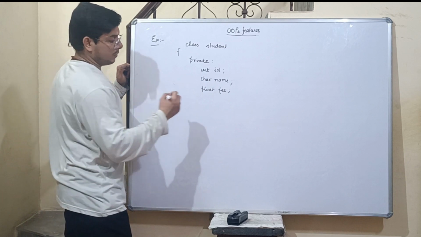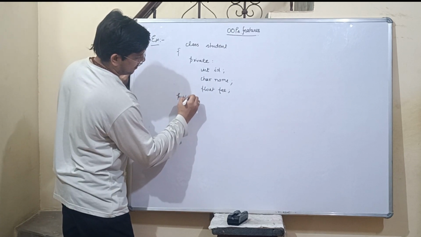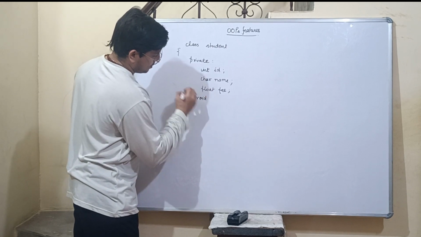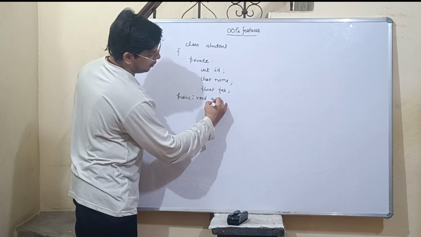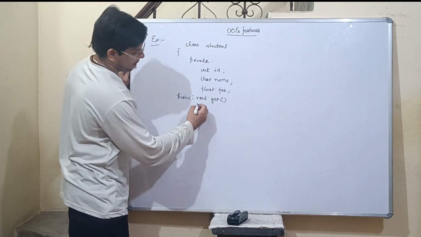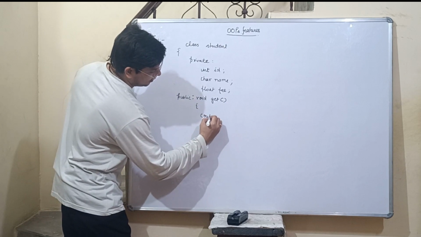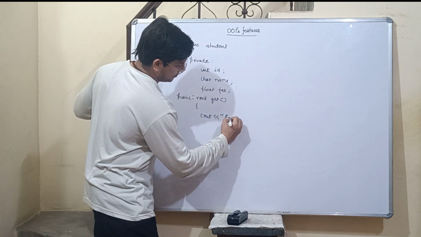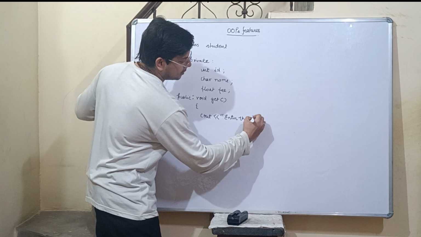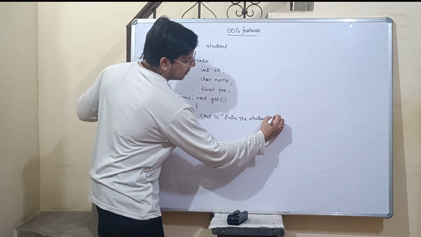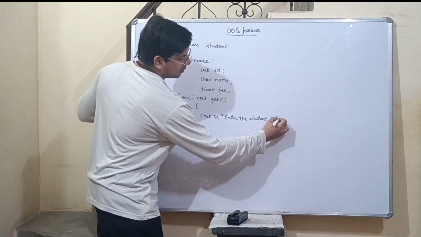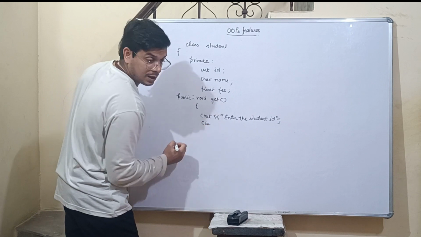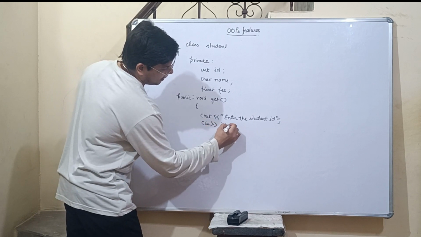Got it? Now, public, void get, creating a function, cout, enter the student ID, cin ID.